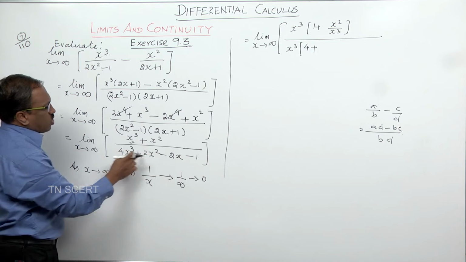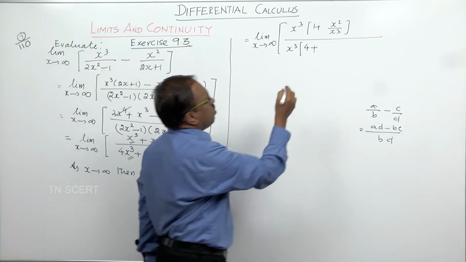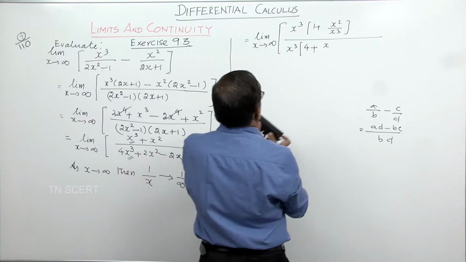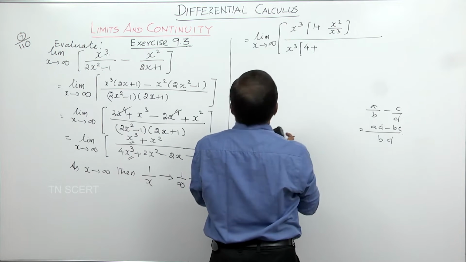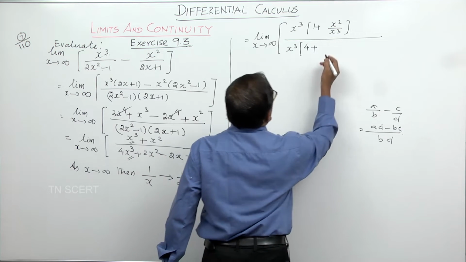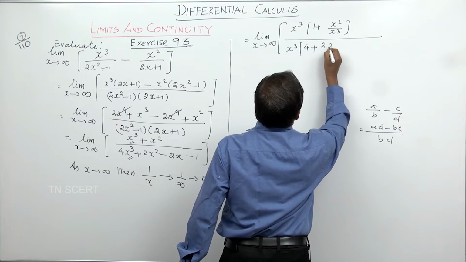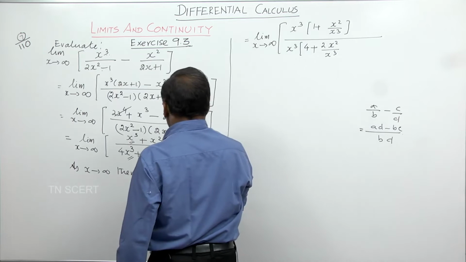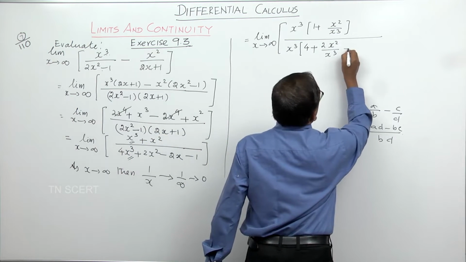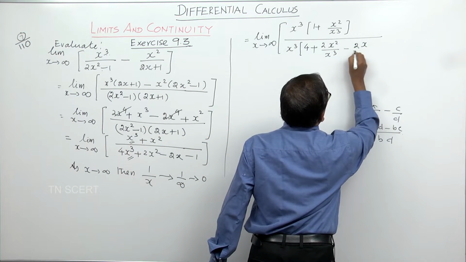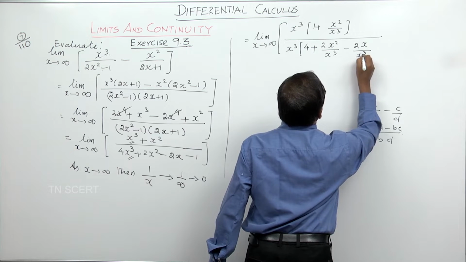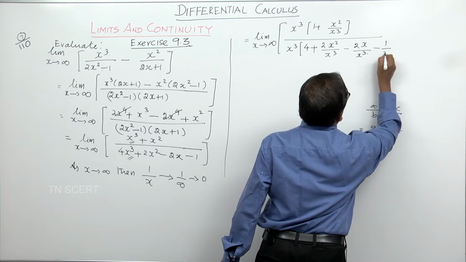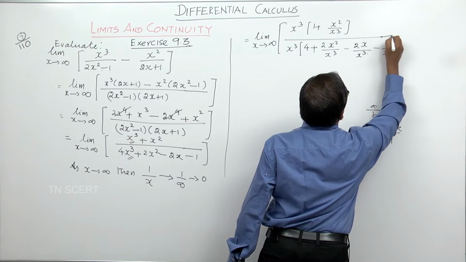And if I take x cube, x square by x cube, remember, that is 2x square in this part, 2 into x square by x cube, and here minus 2x by x cube, and here minus 1 by x cube.